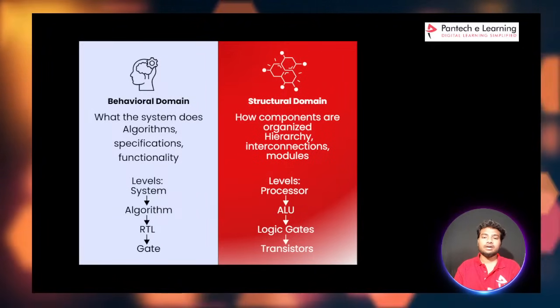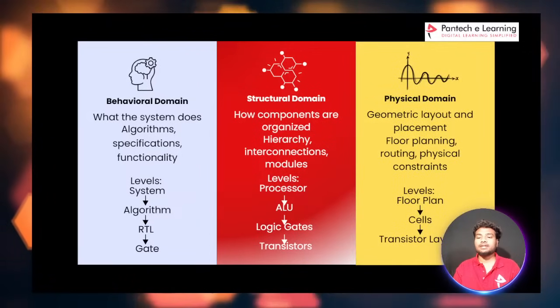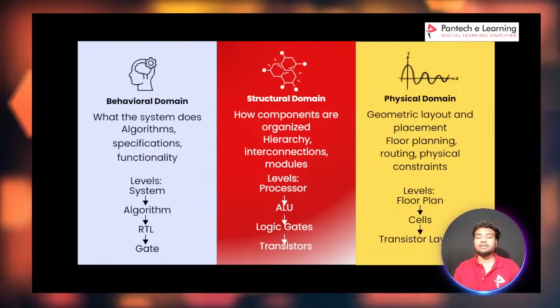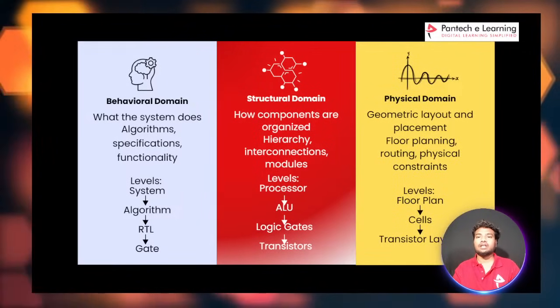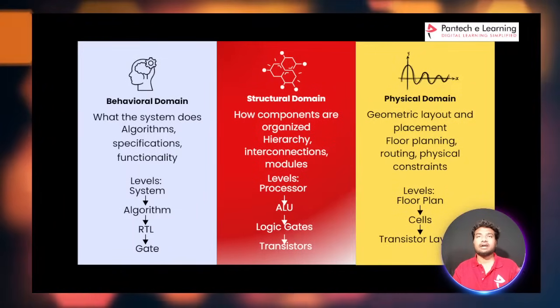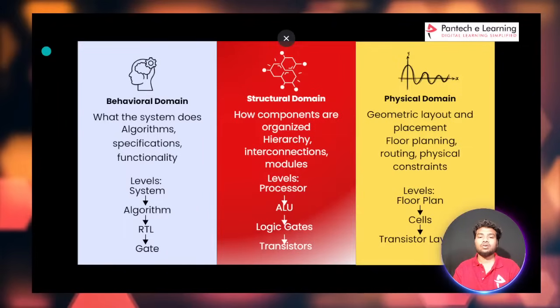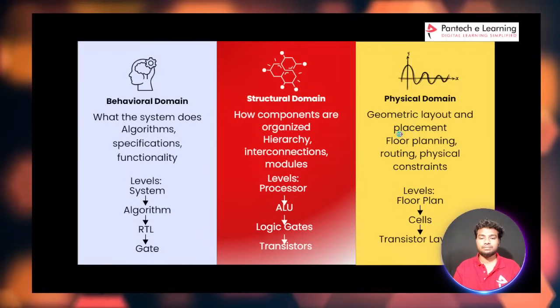This is our second domain, the structural domain. The third domain is the physical domain. Physical engineers do the transistor layout, make the physical chips, and check the power supply, power consumption, and transistor count. So these are the main three domains of chip making.